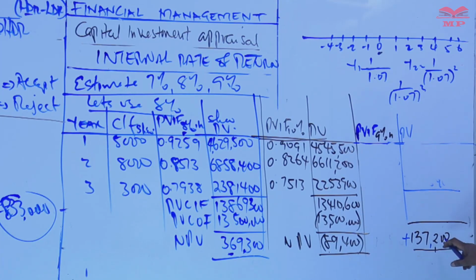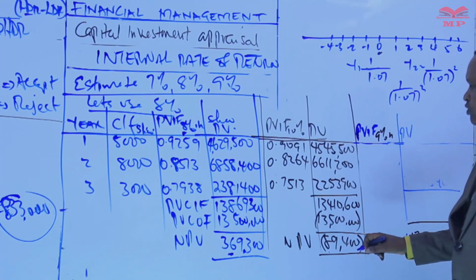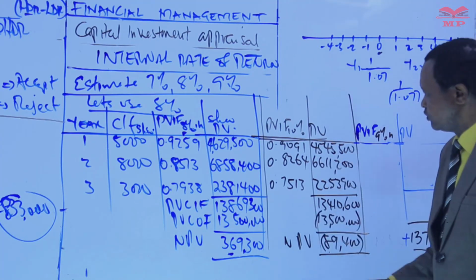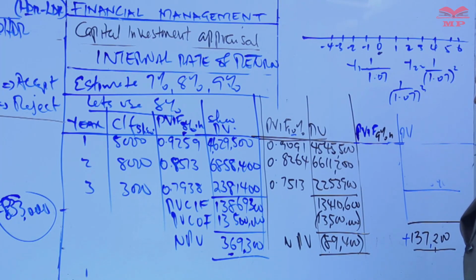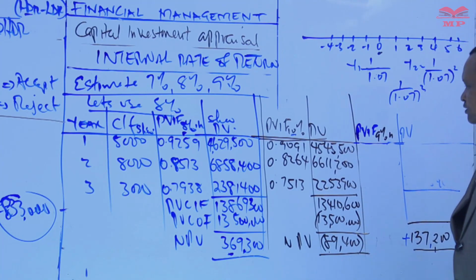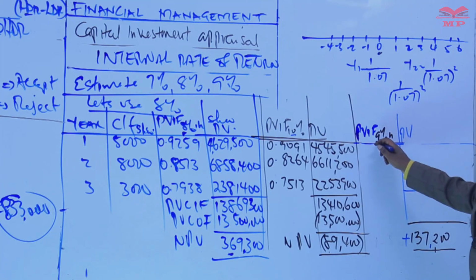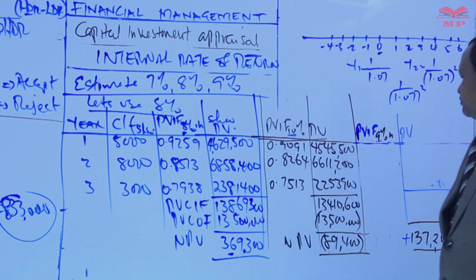Then the cost of capital that gives us a negative value close to 0 is 10%, because at 10% you are getting 89,400. So we have a lower discounting rate of 9% and a higher discounting rate of 10%.